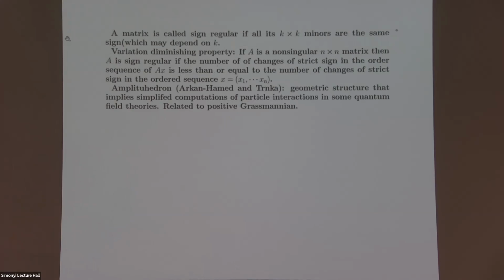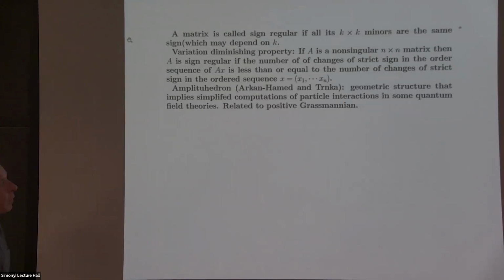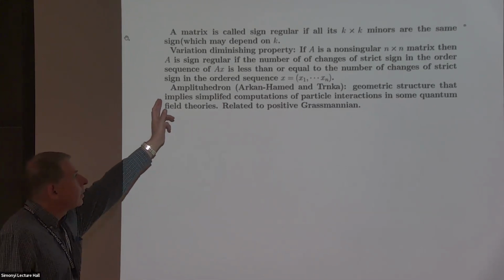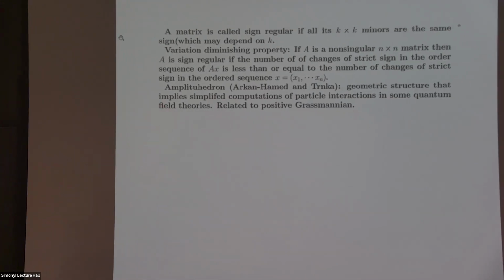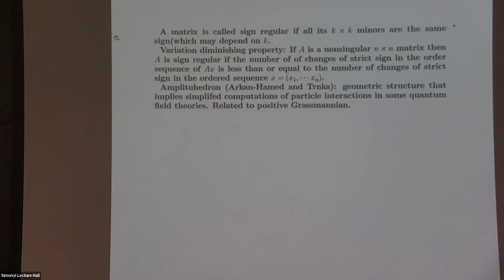For example, you can say a matrix is sign regular if all its k by k minors are the same sign. Then there's something called the variation diminishing property, which people looked at. If I take a non-singular n by n matrix, we say A is sign regular if the number of changes of strict sign in the ordered sequence of Ax is less than or equal to the number of changes in x.